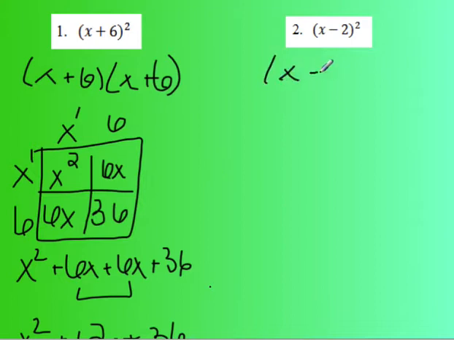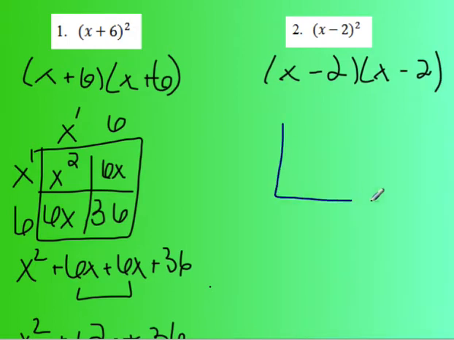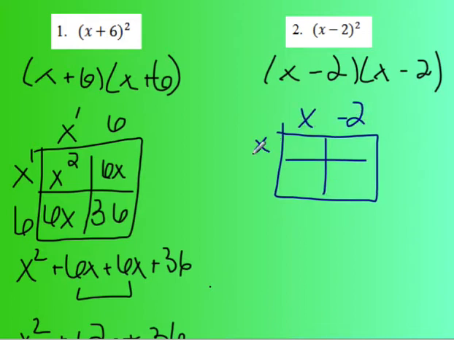For number 2, again, that's going to be x minus 2 times x minus 2. So we're going to line up that box method again: x minus 2, x minus 2. x to the first times x to the first is x squared. Negative 2 times x is negative 2x. Negative 2 times x is negative 2x.